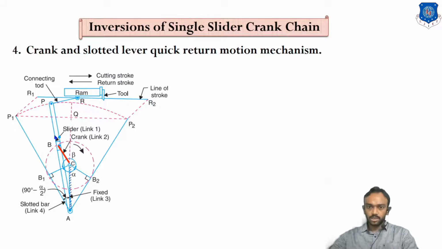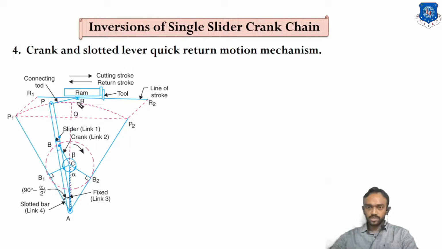But when this crank is rotating and reaches the B2 point, the crank position will be here, and our ram will be here. And this slotted bar will reach our P2 point, and in the same way when our crank will be here, the slotted bar will be in this condition, and this ram will be here.